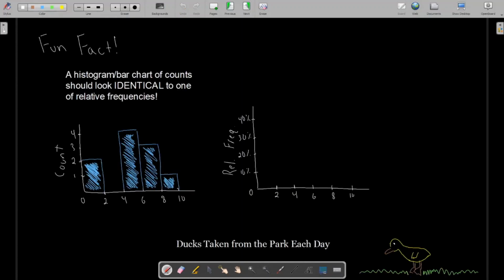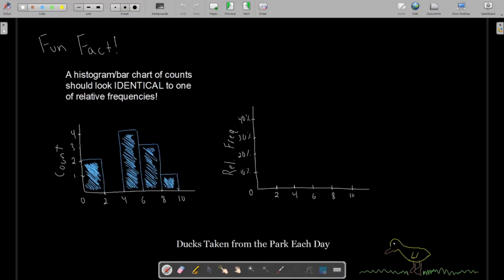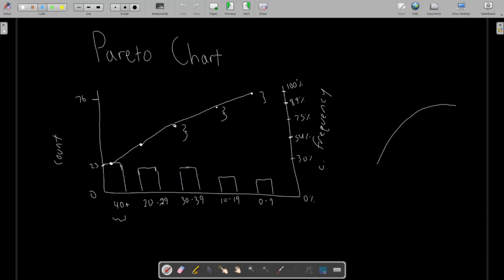And so a quick fun fact, and you can kind of gather this by looking at the Pareto chart, but any histogram or bar chart of counts should look identical to one of relative frequencies, meaning that if we have any bar chart, say this one, for example, about ducks taken from the park each day. As we all know, ducks are free to take from the pond.